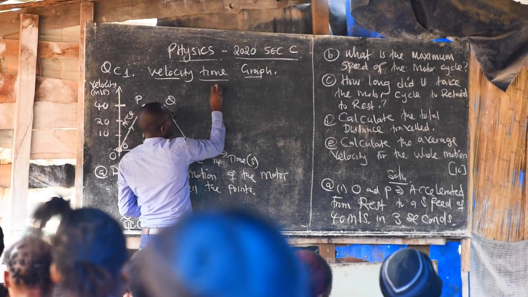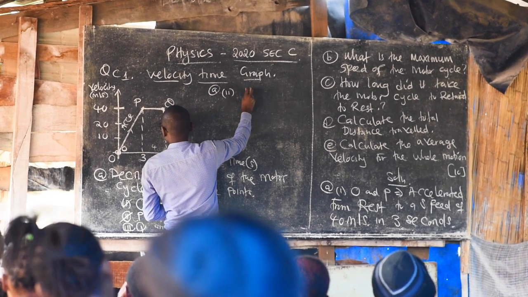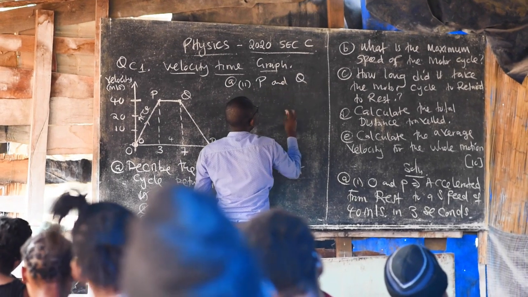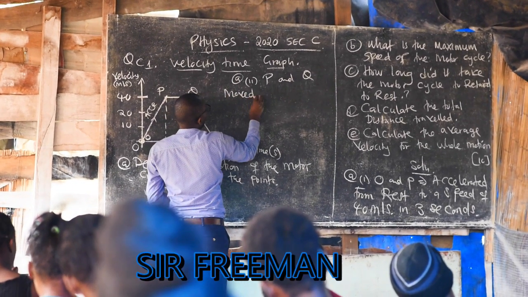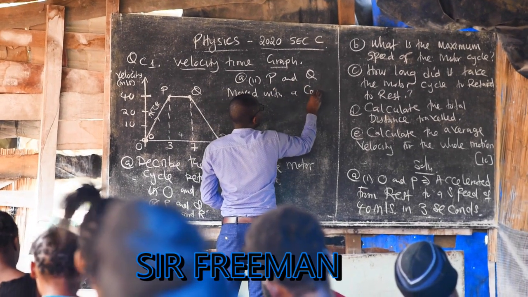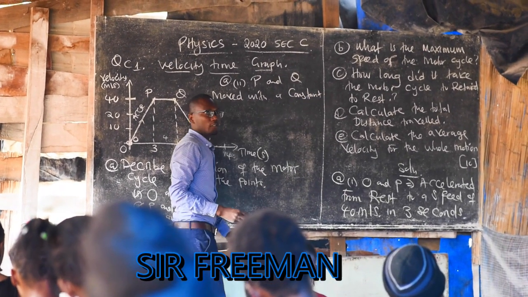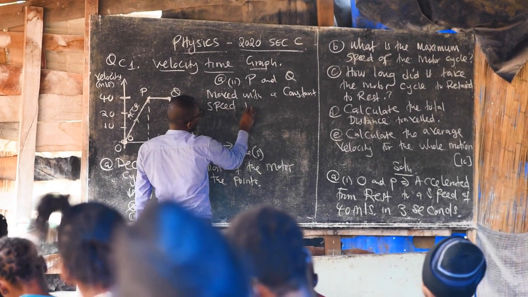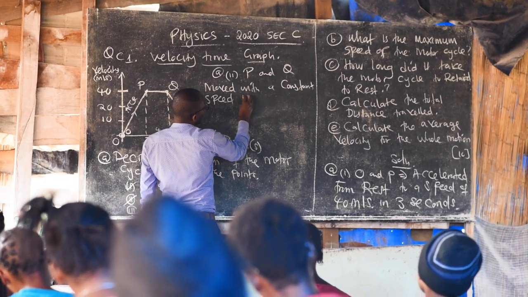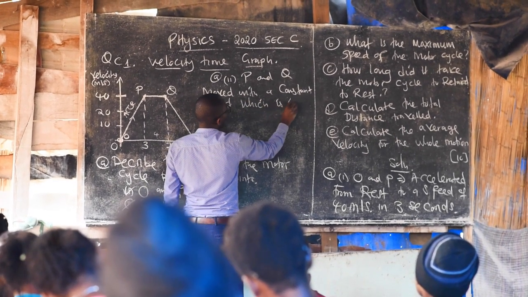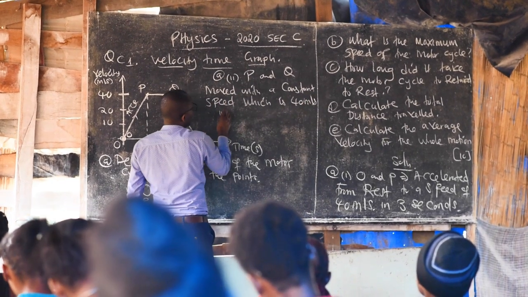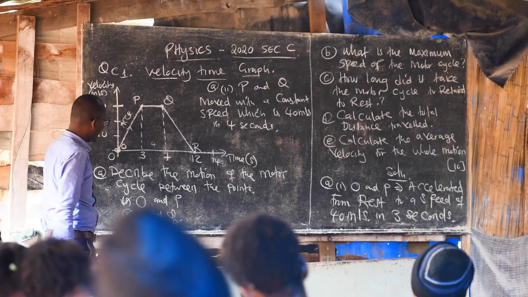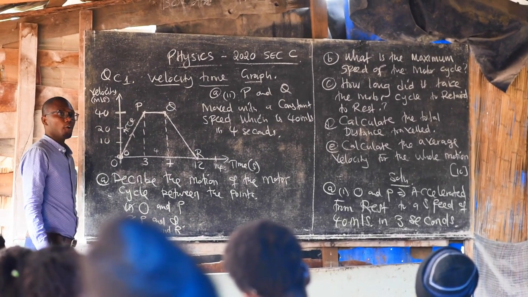So for A part 2, between P and Q, we're saying it moved with a constant speed, which is 40 meters per second in 4 seconds. If you have explained, you get another mark. Are you following? Yes.